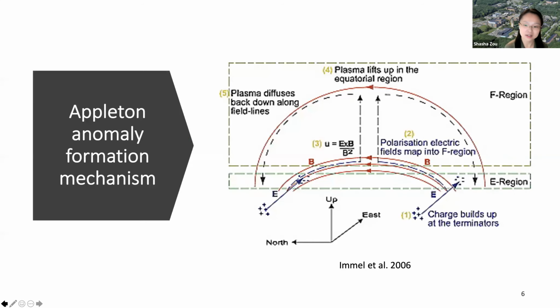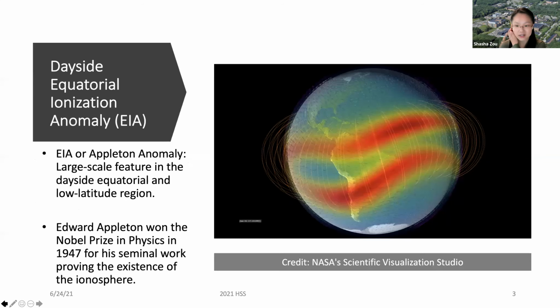Let me go back to one of the nice charts I showed earlier. Due to that equatorial fountain effect, the plasmas near the equator are moved to higher altitudes, and then they descend to off-equatorial latitudes, and that builds those beautiful two ribbons. These are the EIAs.